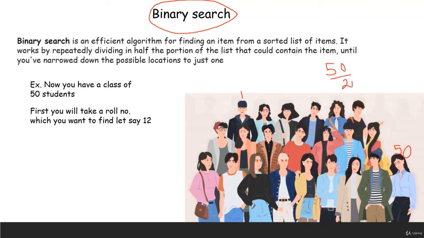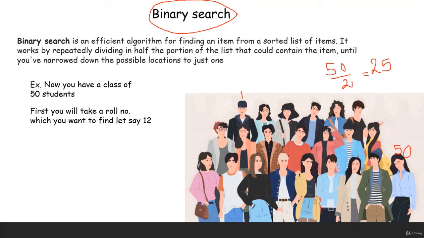Now you want to find roll number 12, right? So you will compare 12 with 25. Now the students are divided into two parts. The first list will have roll numbers from 1 to 24, and the next part will consist of students having roll numbers 26 to 50.